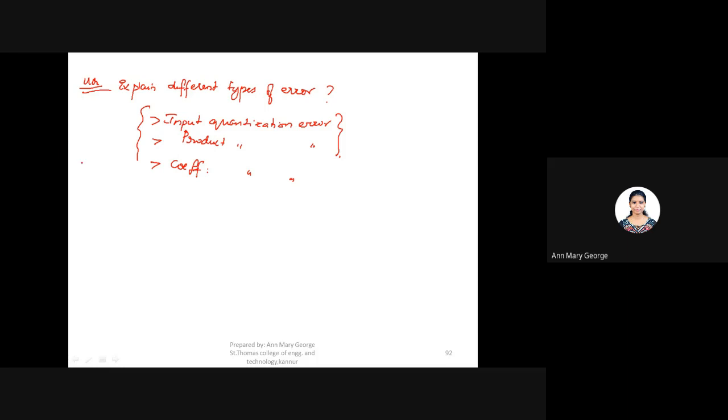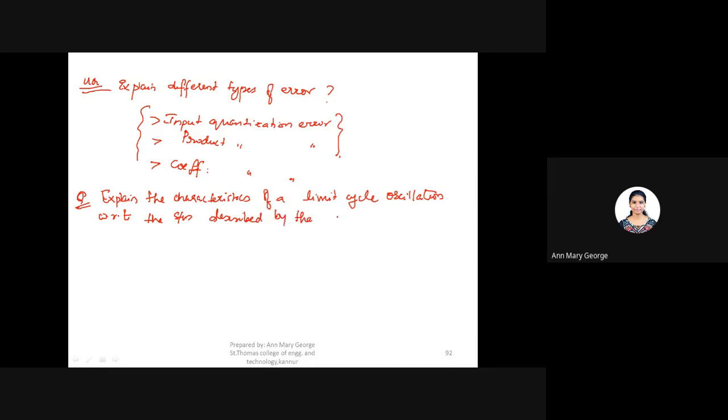Now you will do some problems. Explain the characteristics of a limit cycle oscillation with respect to the system described by the difference equation y of n equal to 0.9 y of n minus 1 plus x of n.